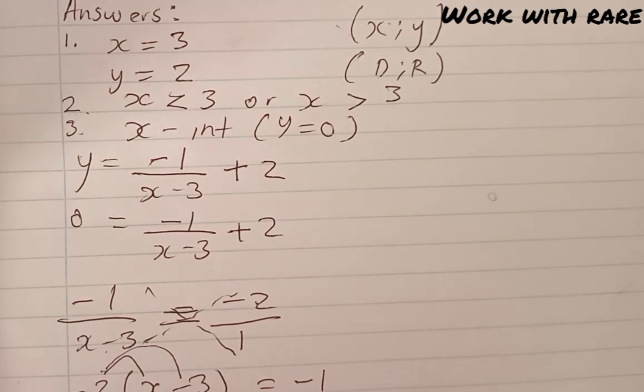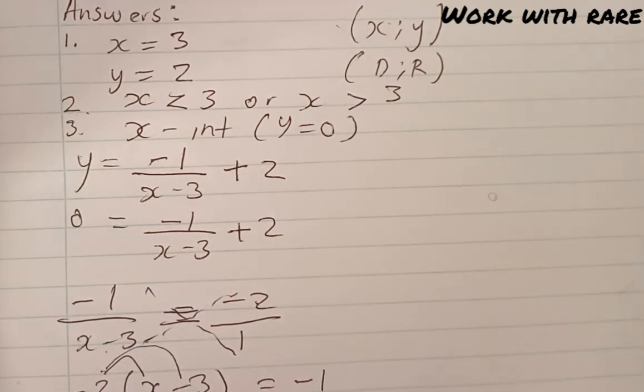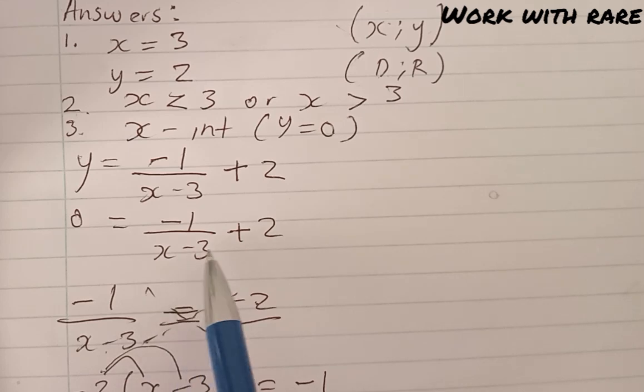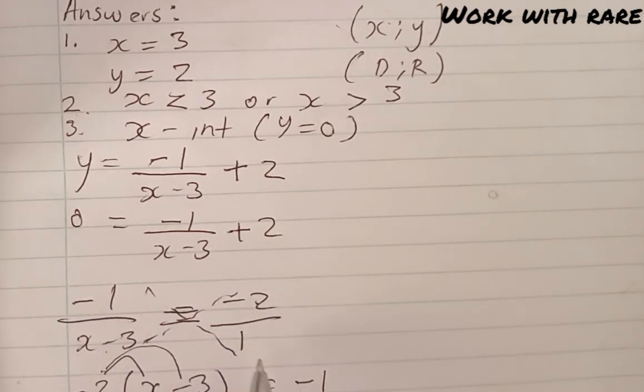So where we see y, we will substitute 0. Okay, this is our original function. Remember, if at x, you can write it as y. So after that, we substitute that y, which is 0. After that, the next step, now I took 2 to the opposite side, so the sign will change. So it will be 0 minus 2, which is negative 2.